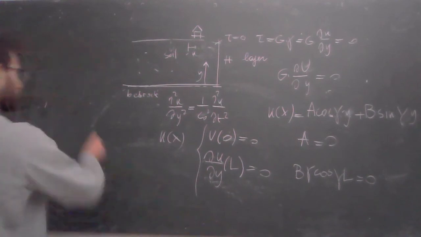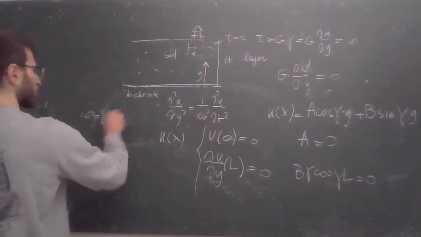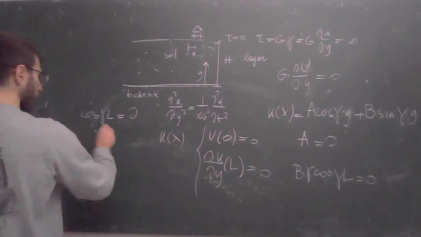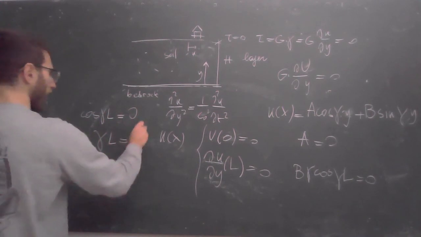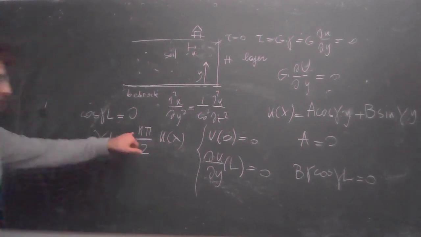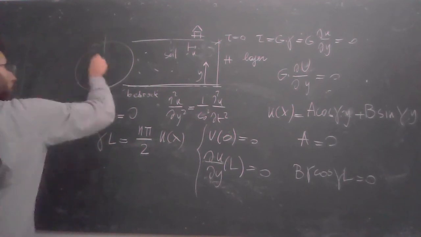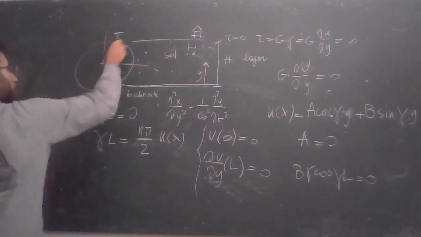This is different because the solution: cosine of gamma L is equal to 0 when gamma L is equal to n pi divided by 2. The cosine is 0 when we have pi and a half.